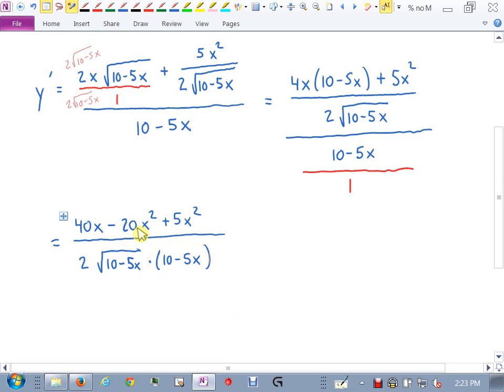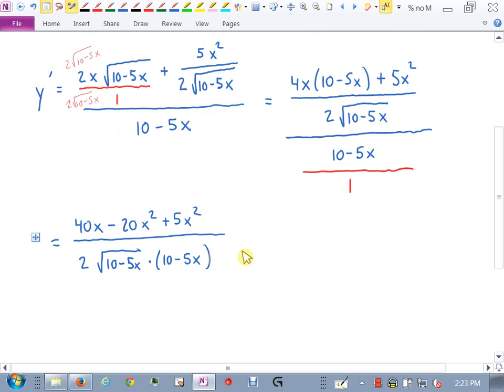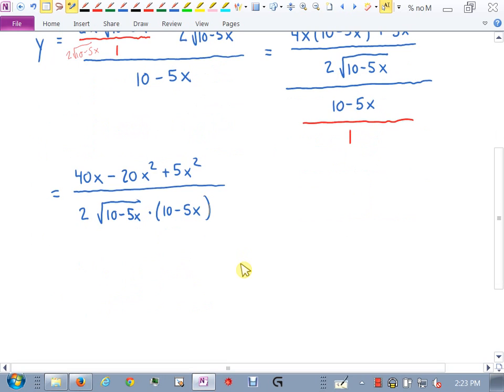And we can put these together, right? 20x squared, take away 20x squared from 5x, we get what, negative 15x squared? Right here, 4x times negative 5, right there. You could even put these two together as what?